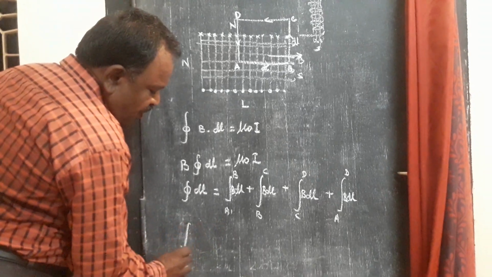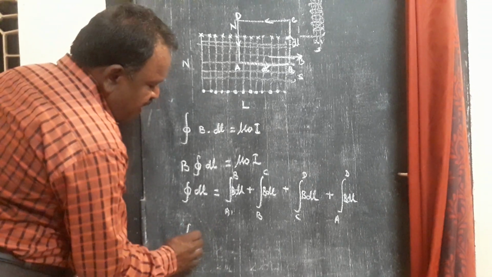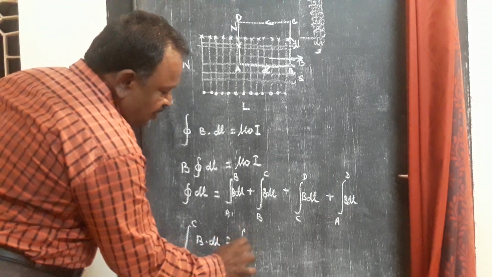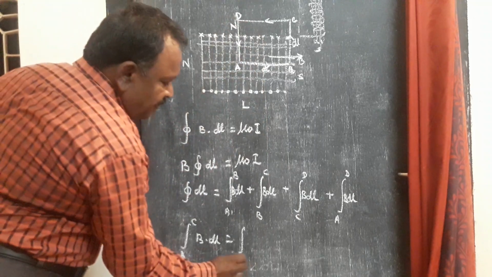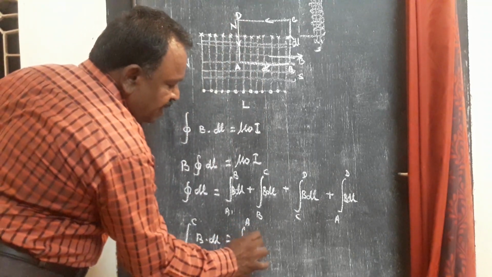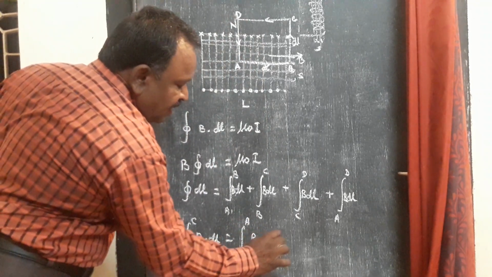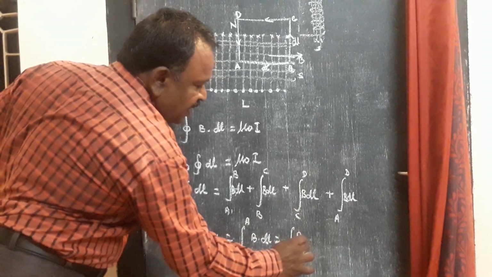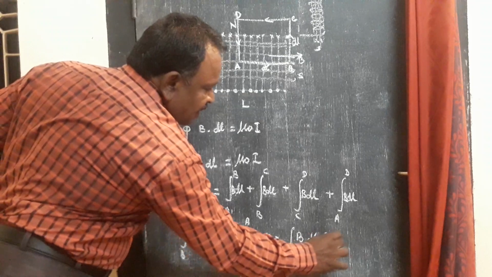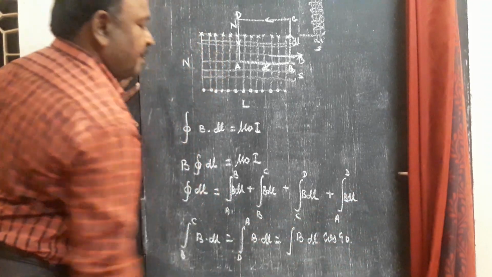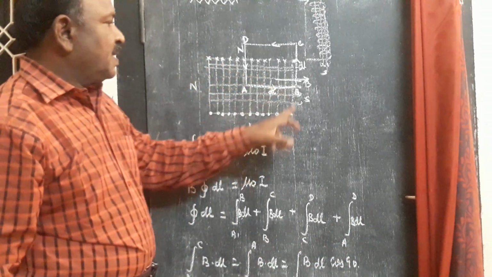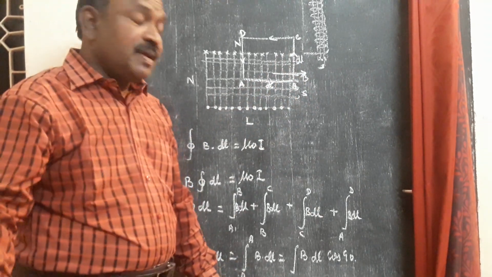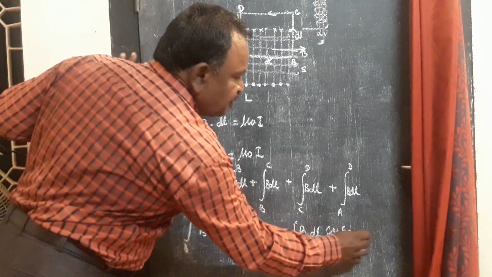So the integral B to C of B dot dl is equal to the integral D to A of B dot dl, which is equal to integral B dl cos 90. Since dl and B are perpendicular to each other, this becomes 0.